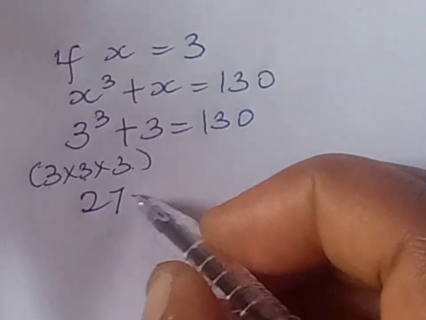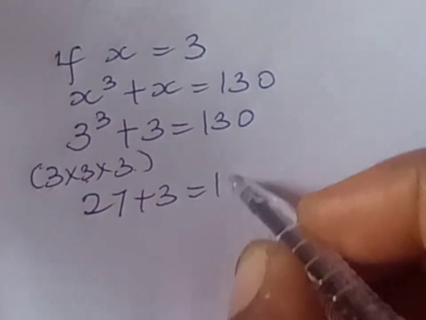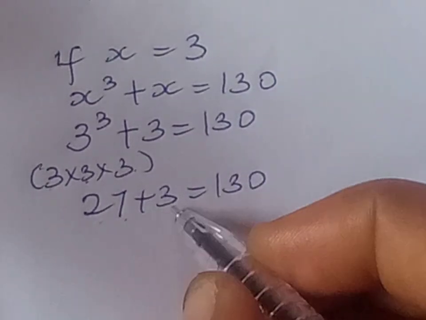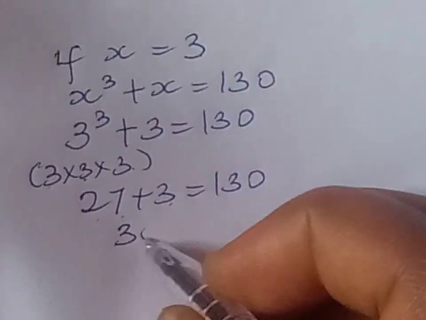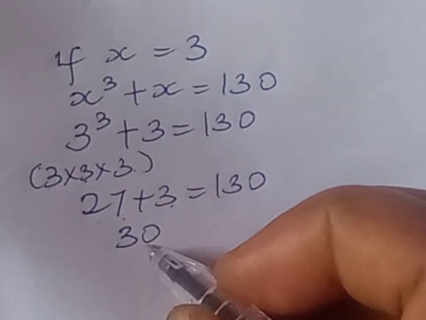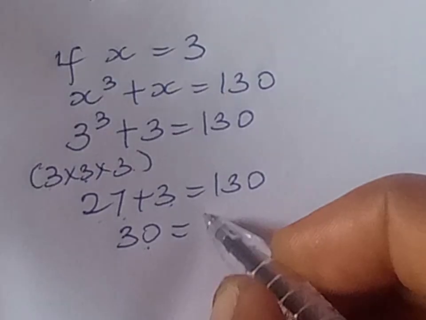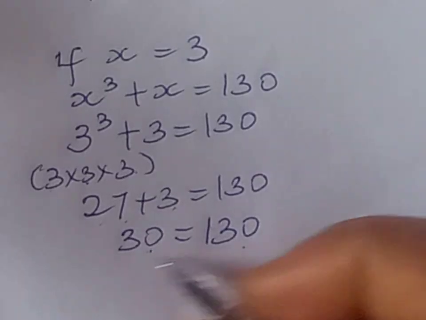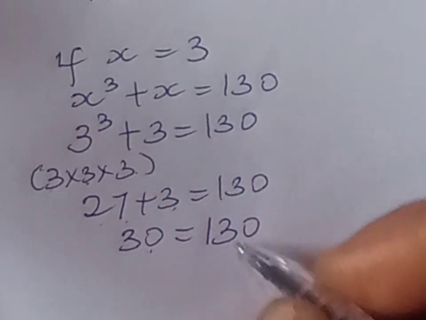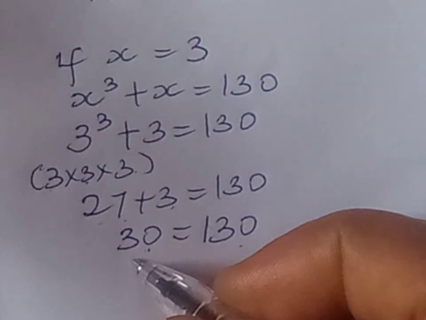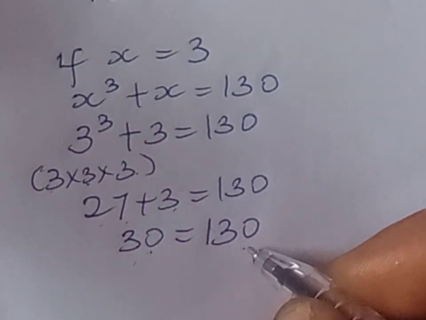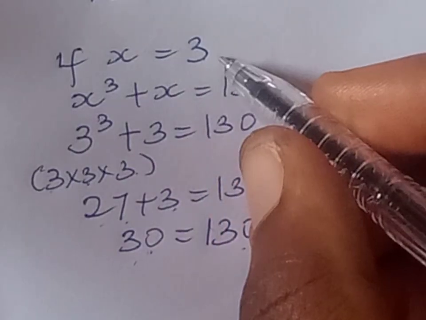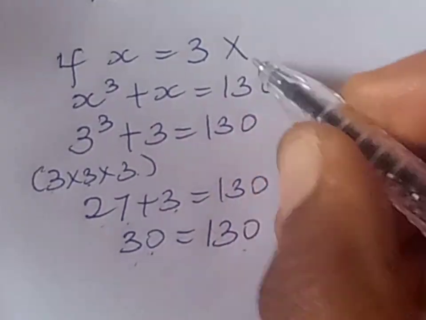So 27 plus 3 gives us 30. That means on the left side we have 30, while on the right side we have 130, which is too small. We are looking for a number such that the left side equals the right side. So x equals 3 is incorrect.